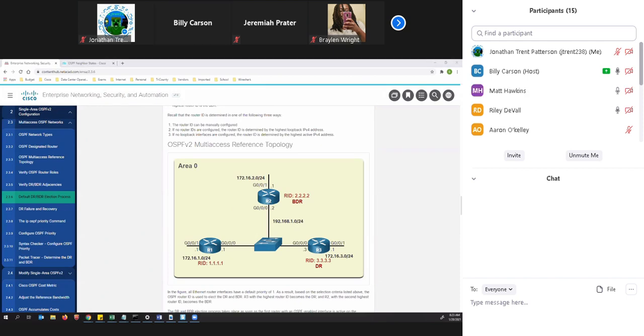I forgot. So the 172 is the gateway address. This is the network over here, it looks like. Because see, this is a switch, right? If this is a switch, these all have to be on the same network, aren't they? It's a layer 2 device. So if these are on the same network, this is that network.